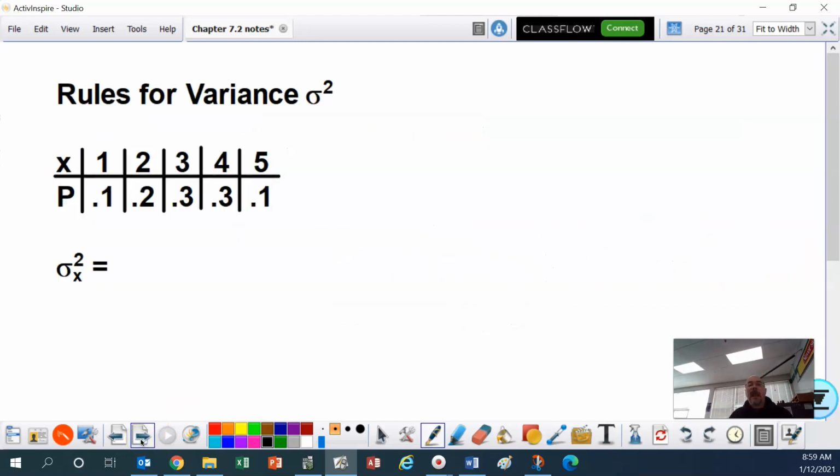Now, rules for variances. Folks, you cannot work directly with standard deviations. Let me repeat that. You cannot work directly with standard deviations.